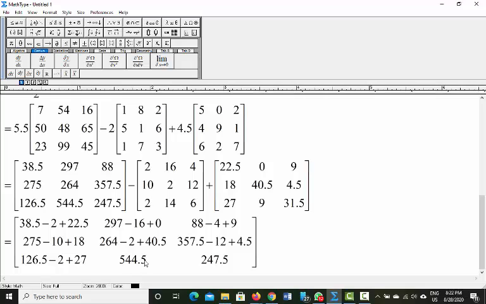From this one we will deduct 14 and we will add 9. From this one we will deduct 6 and we will add 31.5.